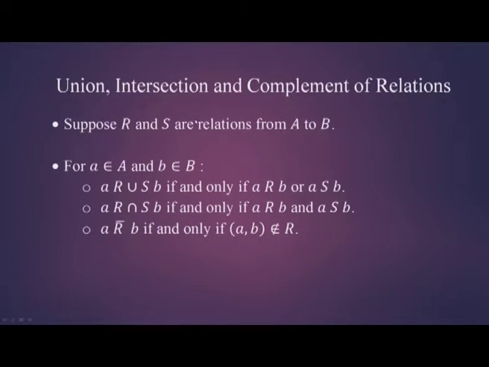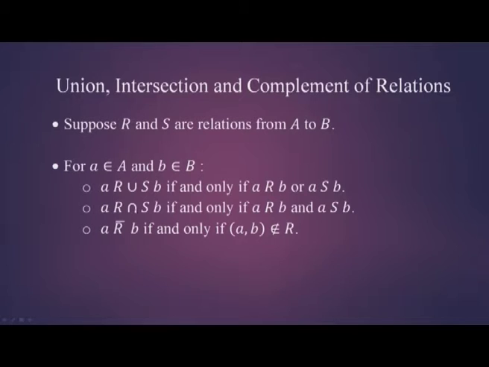If we have two relations R and S from A to B, again that means two subsets of A cross B which we are denoting by R and S, then for a, an element of capital A, and small b, an element of capital B, a is related to b with respect to the relation R union S if and only if a is related to b through R or a is related to b through S. I repeat again, a is related to b through the relation R union S if and only if a is related to b through the relation R or a is related to b through the relation S.